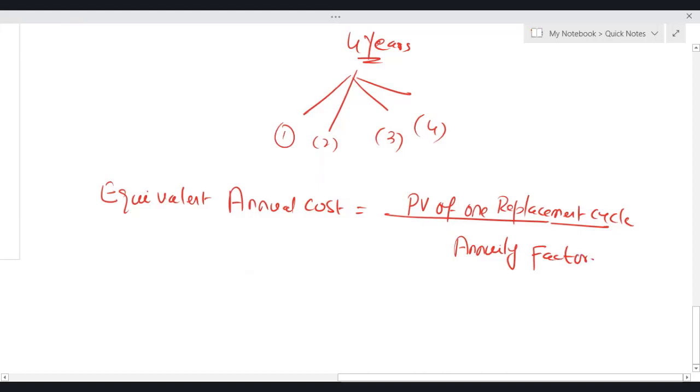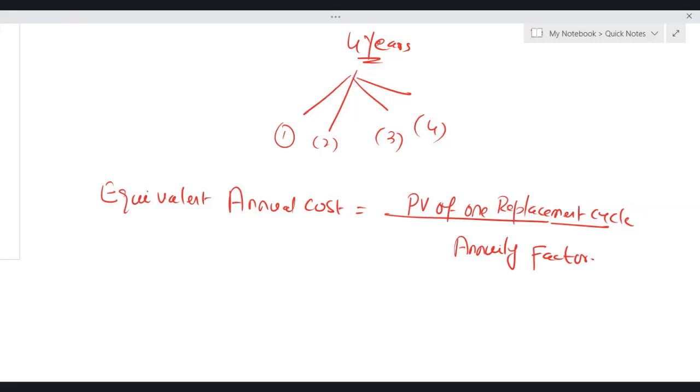Logically, when you are dividing the present value of one replacement cycle by the annuity factor, you are actually converting this answer into annuity cash flows. So equivalent annual cost, how do we calculate? All you need is just take the present value of one replacement cycle divided by the annuity factor.